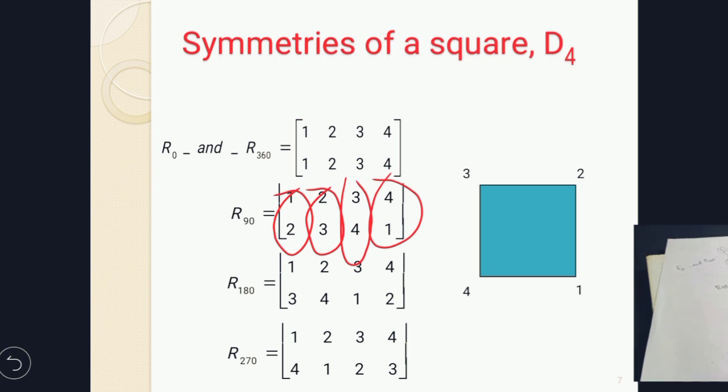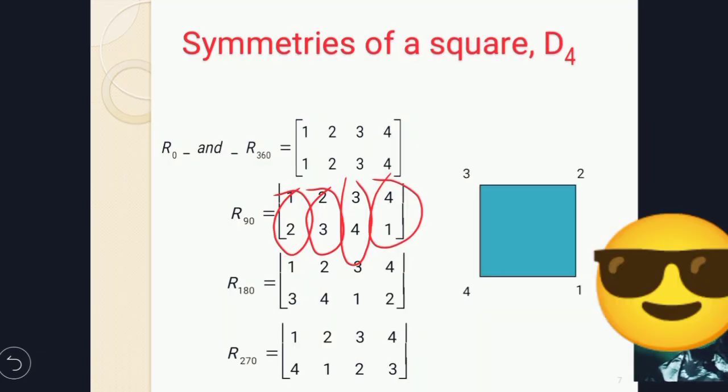This is for R180. Similarly, when the square changes again to 270 degrees, R270 is equal to, it rotates here, that is 1 comes here, 2 comes here, 3 comes here, 4 comes here. This is for 270 degrees. This is all about the symmetry of the square D4.